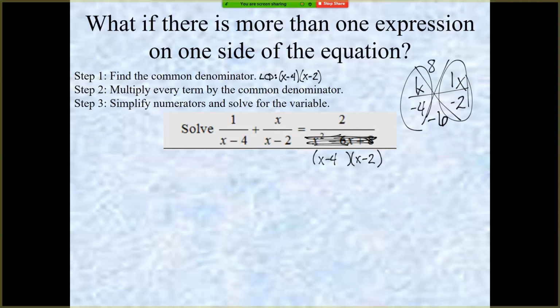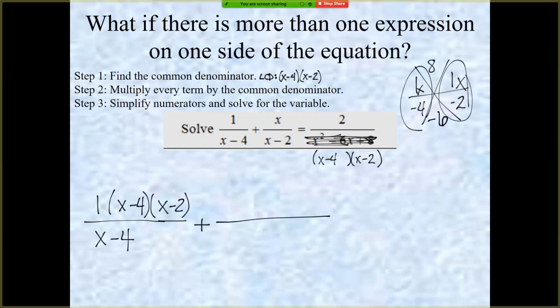What that means, I'm going to take the tops of all these fractions and I'm going to multiply them by x minus 4 and x minus 2. I'm going to rewrite them because I don't have enough room up there. So the original first fraction looked like this. I'm multiplying it by x minus 4 and x minus 2.